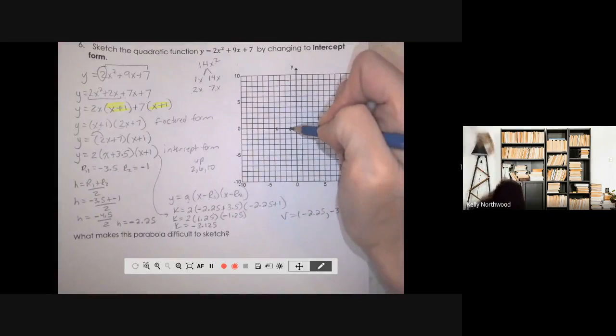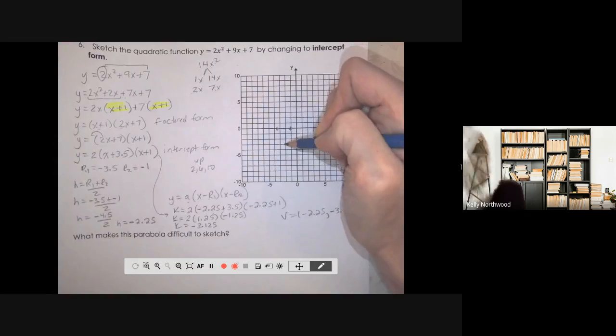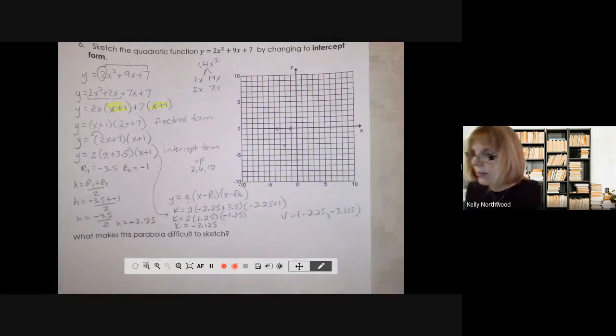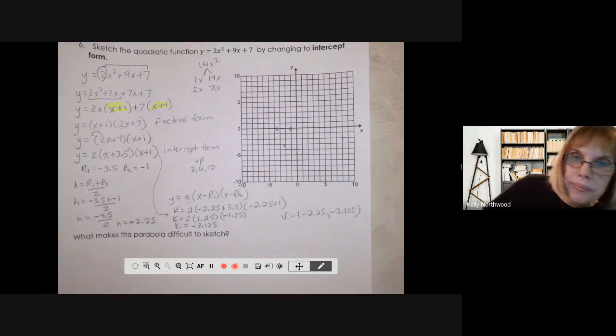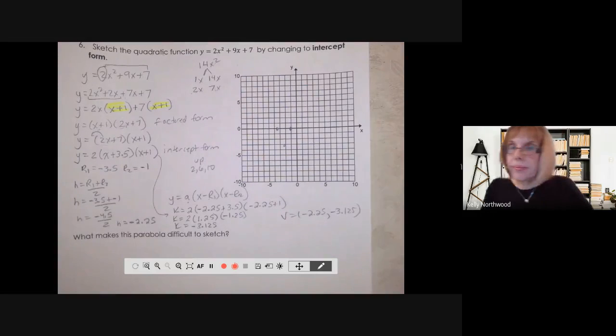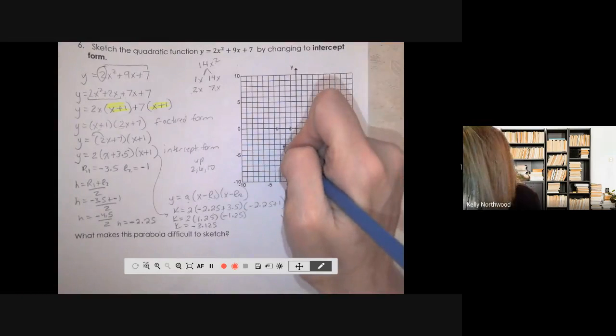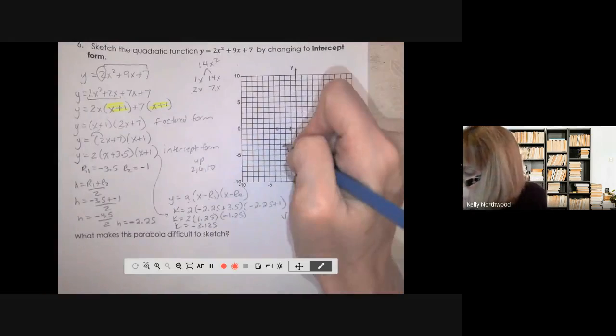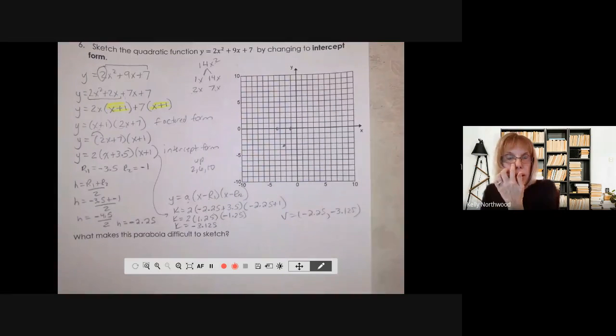So here's negative 1. Negative 2.25 is before the halfway, negative 1, 2, 3, and a little bit. So there's my vertex-ish right there. Okay? So it's not pretty, but we're just going to see if we've done it right by applying our step number.